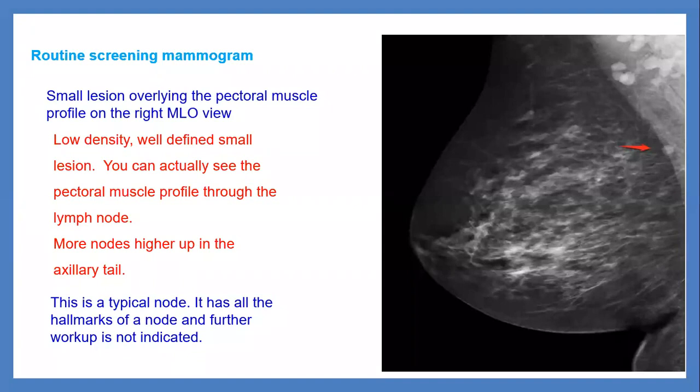Yes, I can appreciate this lucency around the focal lesion at the pectoralis muscle. It could be an eccentric fatty hilum, so it is an atypical lymph node.